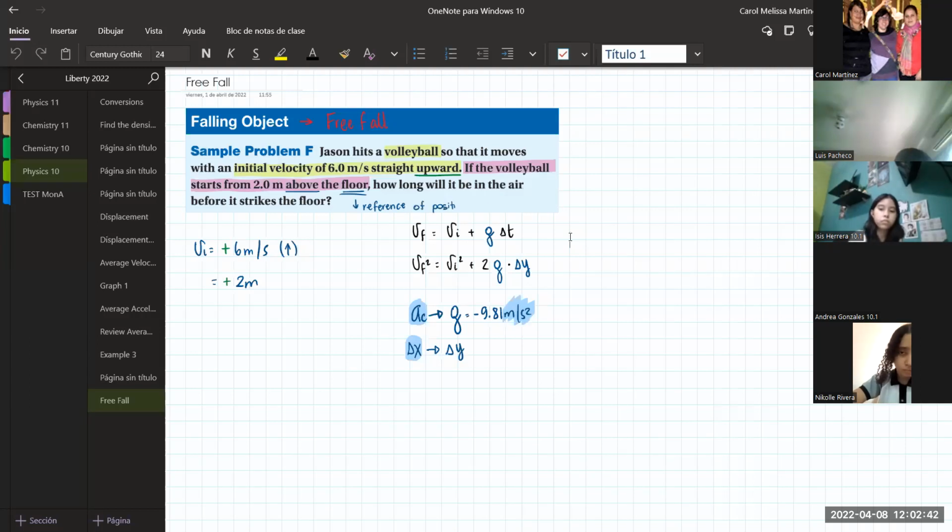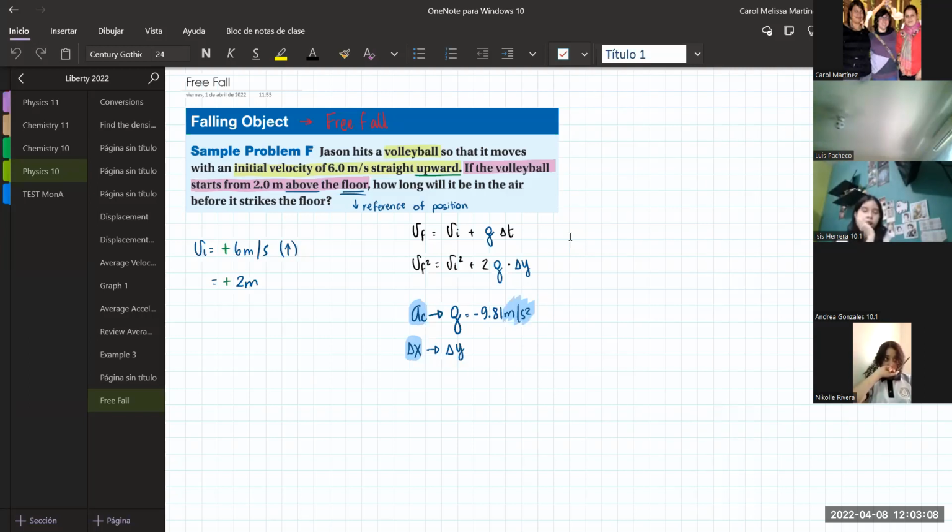For example, when we're having classes in your classroom, 10-1 and 10-2, both classrooms are located on the third floor. The third floor is approximately 6.5 meters above the ground.